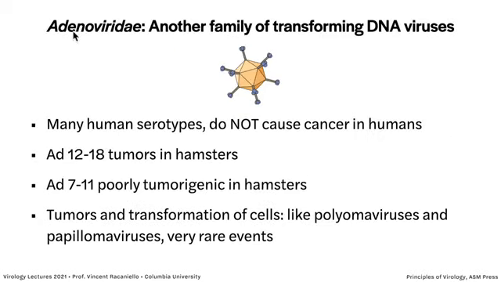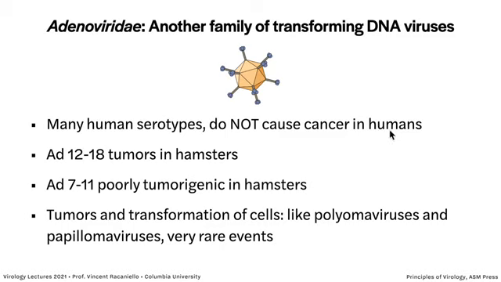But first we have to go through another family of transforming DNA viruses, adenoviruses, which up until now I've told you cause respiratory and GI and eye infections in people, not causing tumors in humans. These are human viruses. Many human serotypes of adeno exist, but they do not cause cancers in humans.